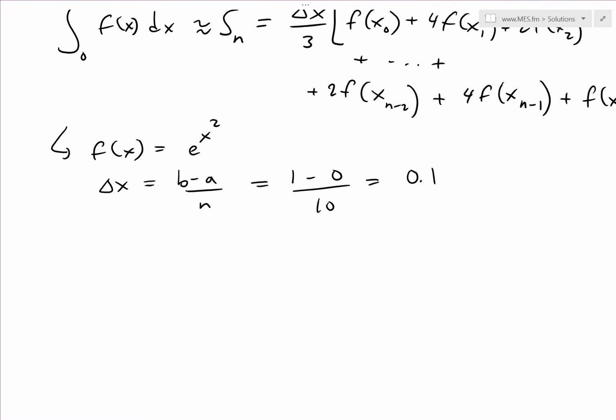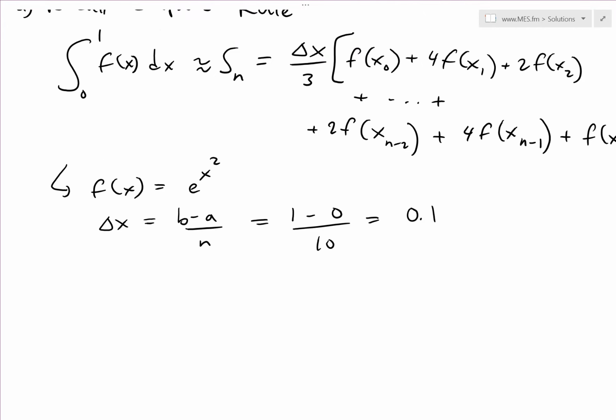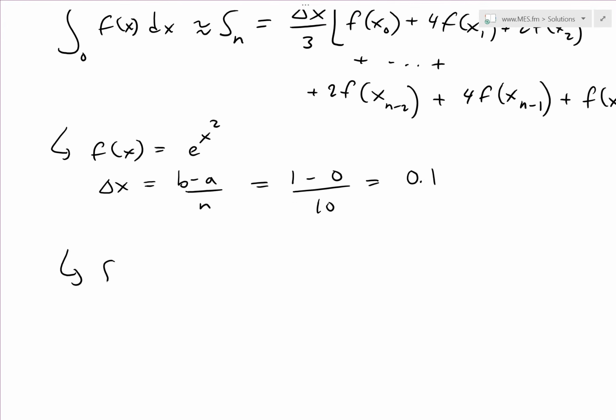Now if we plug in these numbers, S 10 is equal to 0.1 divided by 3, and then we have f, which is e to the x squared.